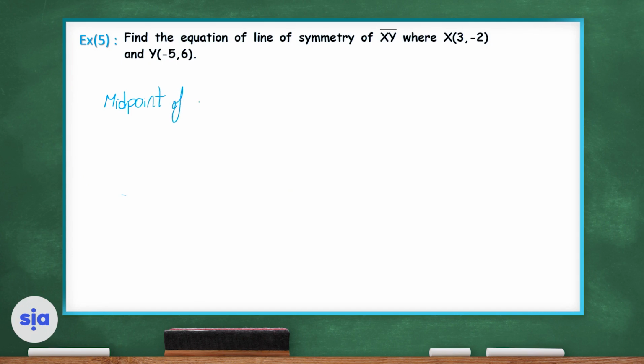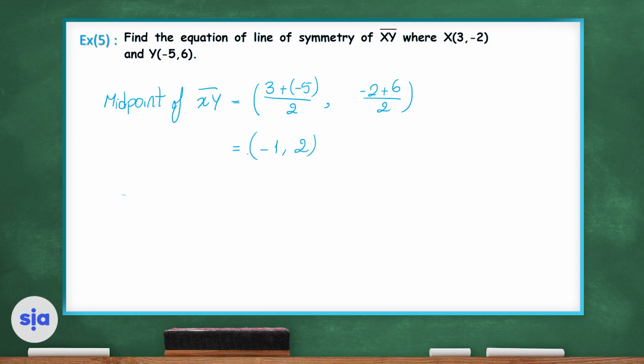We get the x's plus each other over 2 and the y's plus each other over 2. In this case, the midpoint will be (-1, 2).